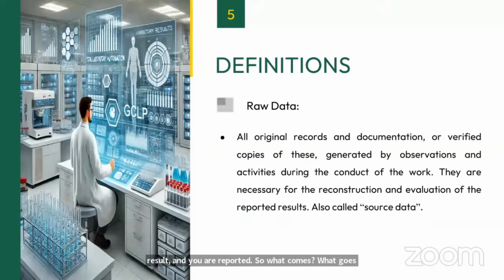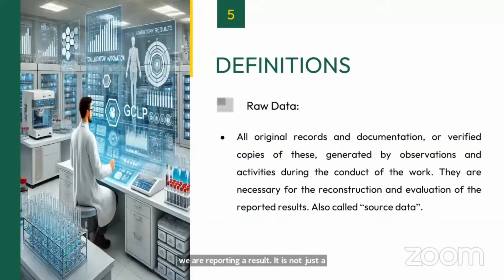But the result itself is not all-in-one. You have certain background data or certain backup documents for it. So what it includes, you will have certain quality control measures, you may have performed certain calculations, you may have reviewed those results, you may have performed certain quality controls or calibration activities. So all this data is called raw data. So when we are reporting a result, it is not just a simple single value.